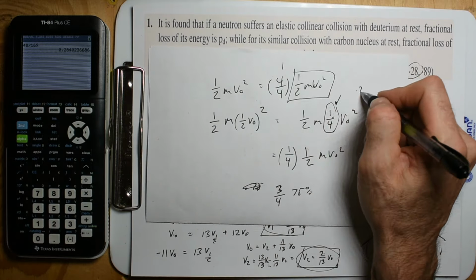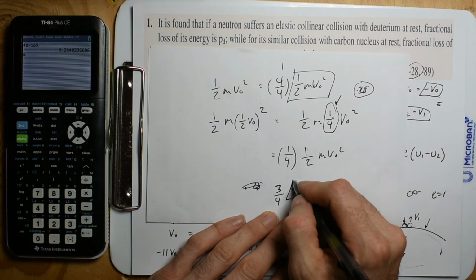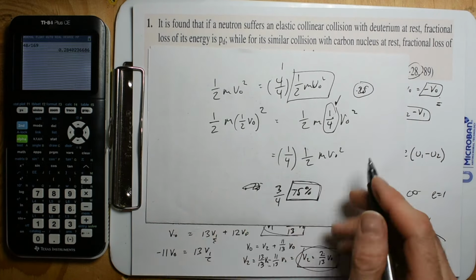So the energy reduces to a quarter, but the energy loss is 75%. So those are things where we play the mental game: if they're asking for energy loss, it's not going to be the reduction in energy. It's going to be the amount compared to the initial. And so that's a 75% reduction.